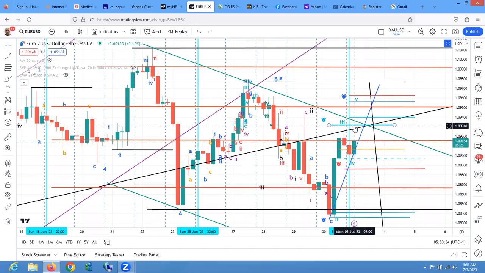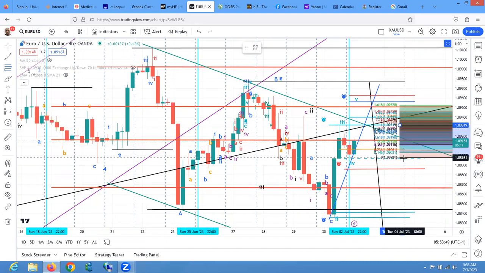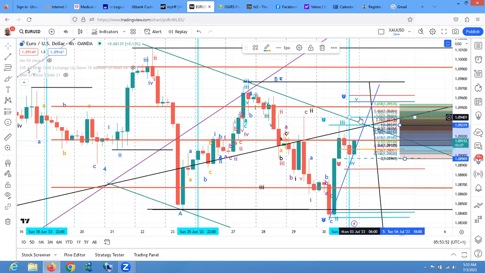If it's going to break the top, we expect for now that it shouldn't go beyond, so very close to 85.